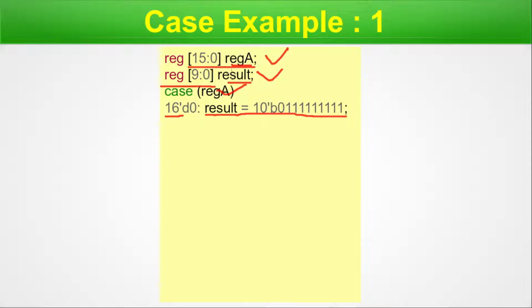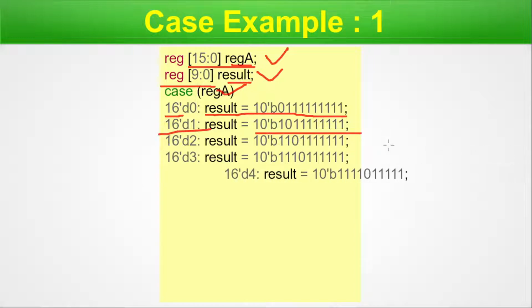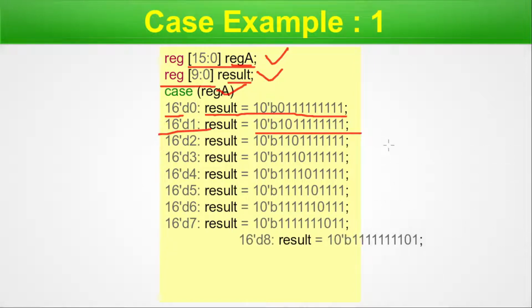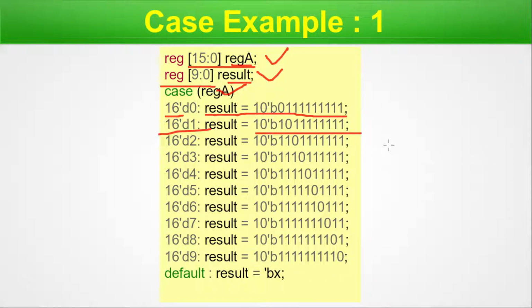Result and range A are both buses, so this way we are writing the values of the buses, and here we have 16'd1 and we have the values. So this way we continue the lookup table till we exhaust all the values, and in the default block we have written result equal to 'bx. This is some x condition we are putting. You can also give a $display command here for debug purposes. And we end our case example with end case.